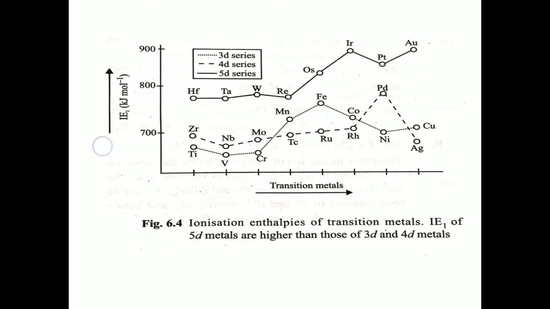This is the 3D series, this is the 4D series, and this is the 5D series elements. 5D series elements have higher ionization enthalpies, because in 5D series elements lanthanide contraction can be seen.